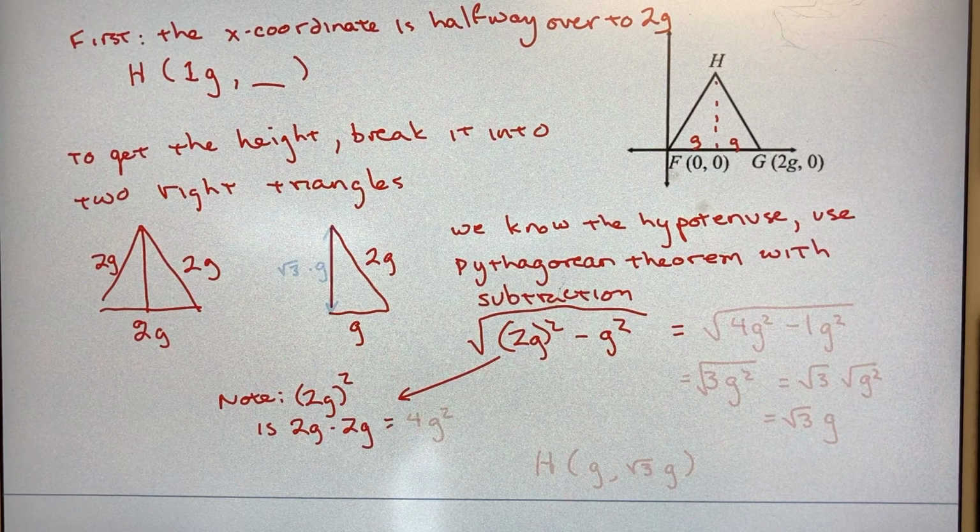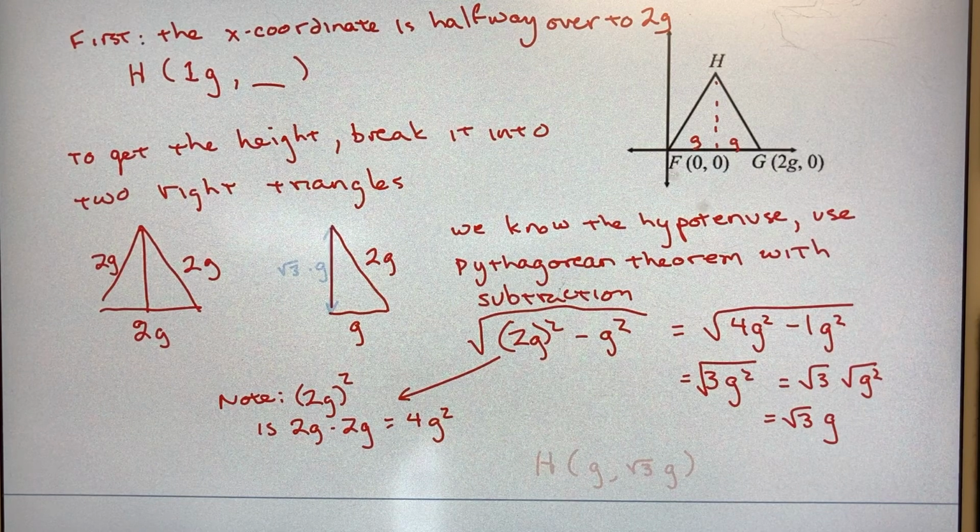That's not 2g squared, that's 4g squared. Be careful with that. Minus 1g squared is 3g squared under the square root sign. I'm going to break it up so that I can simplify the square root of g squared.